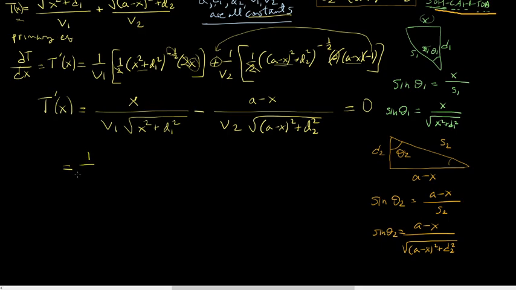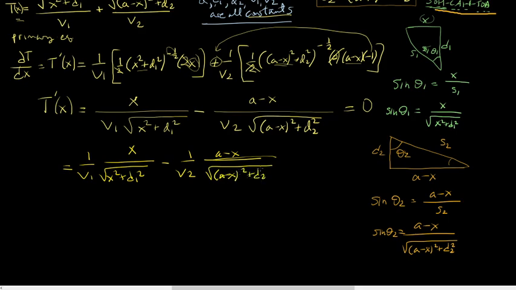This is still the same thing as 1 over v1 times x over the square root of x squared plus d1 squared, minus 1 over v2 times a minus x over the square root of a minus x squared plus d2 squared. And I think you can see now why I wrote it this way.